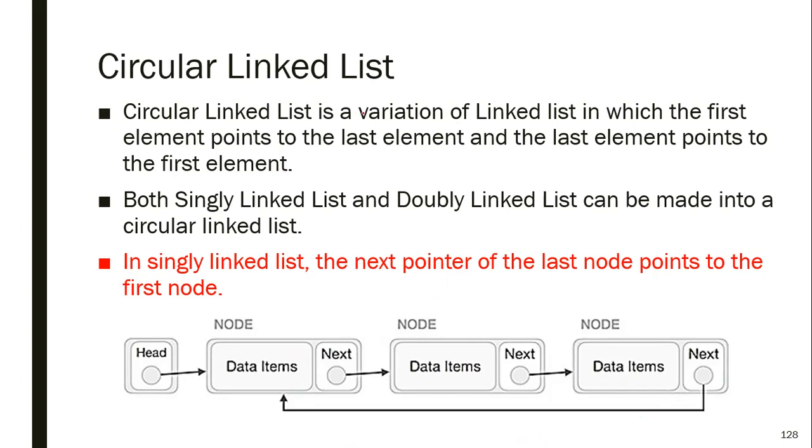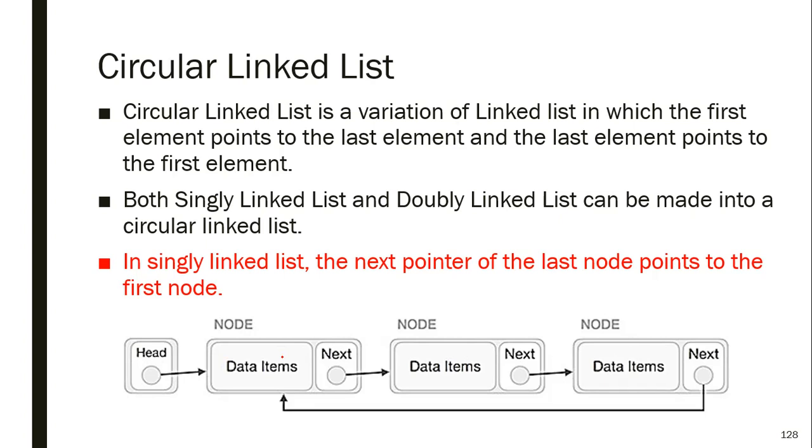A circular linked list is a variation of linked list in which the last element points to the first element. Both singly linked list and doubly linked list can be made into a circular linked list. So a singly circular linked list is one in which the next pointer of the last node points to the first node, and that is all you do.